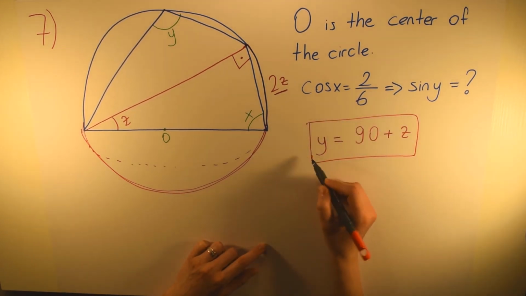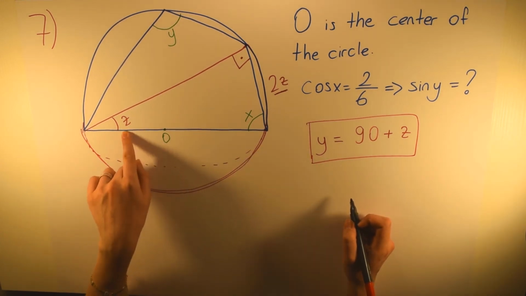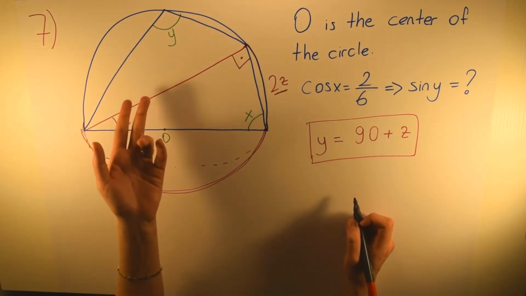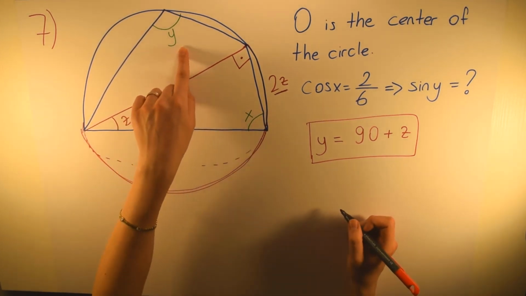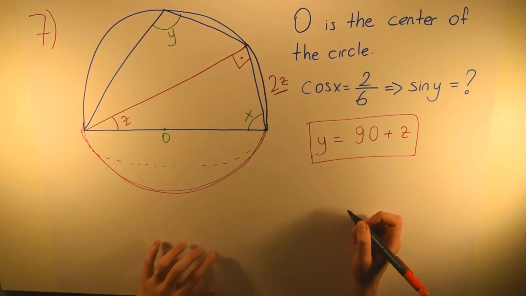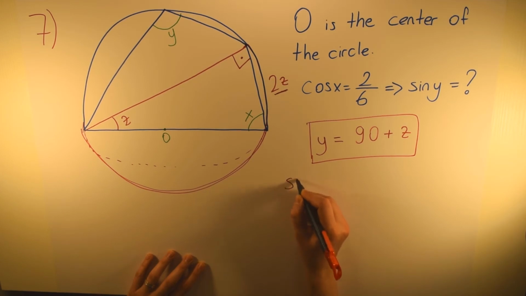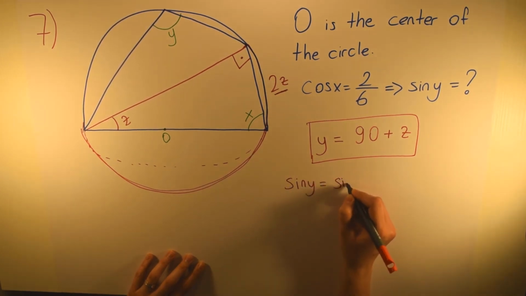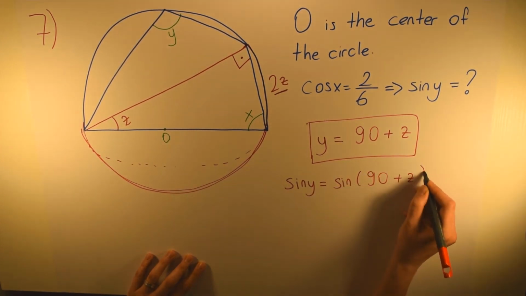Okay, why did I do this? Because I know that this angle z is in this right triangle. So why don't I use this, right? I should use this to get the value of sine y. So let's continue. Instead of sine y, I can write sine of 90 plus z.